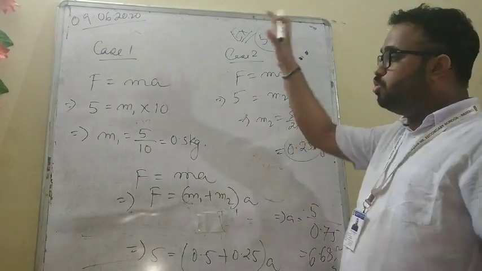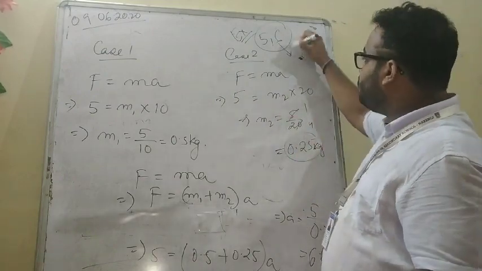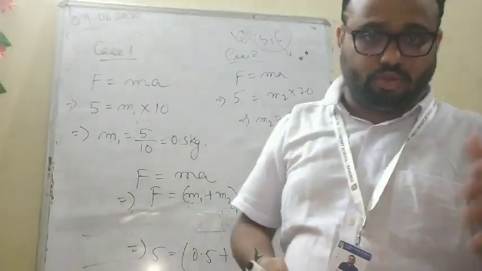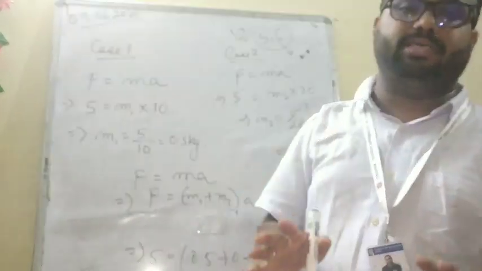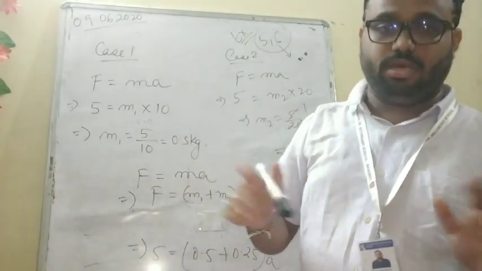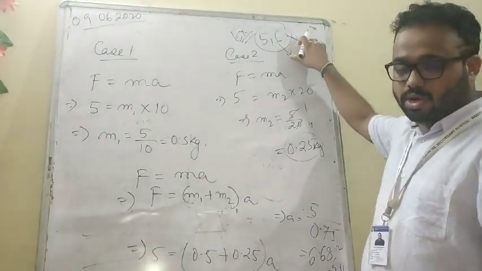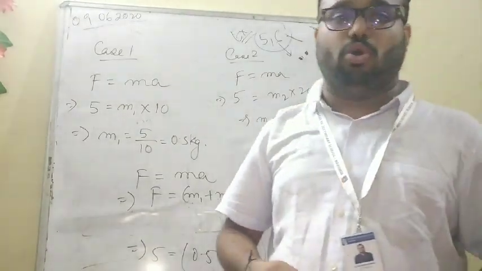So you do these 4 sums and question number 5 and 6 of the exercise, and some other questions I will also send you through Google Classroom. You practice those. If you don't understand this, I will give the solution of this question in the Google Classroom, but you practice the other sums also.